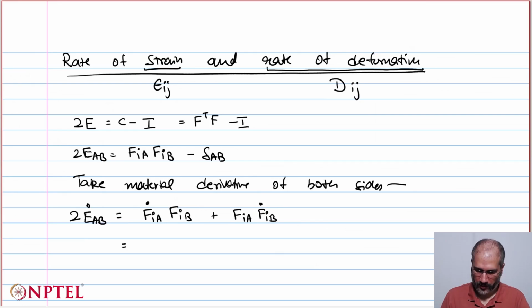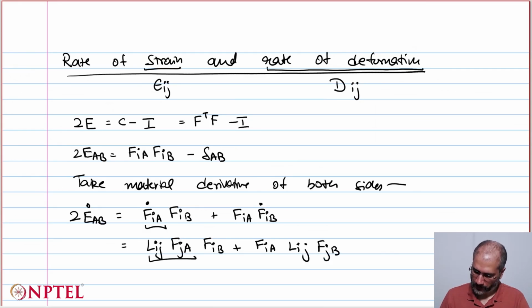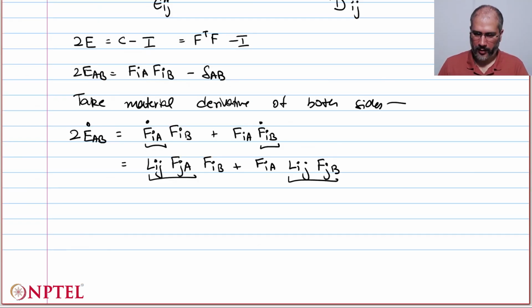Now F dot was defined as L times F. So this is Lij times FjA, this quantity. And in the second term, we have FiA times Lij times FjB, which is this quantity. Now again, I do some index manipulation.